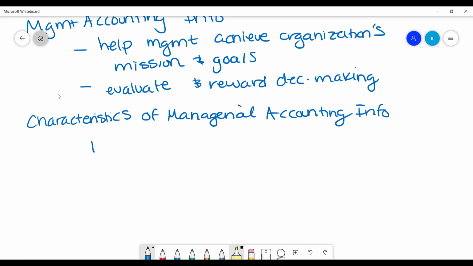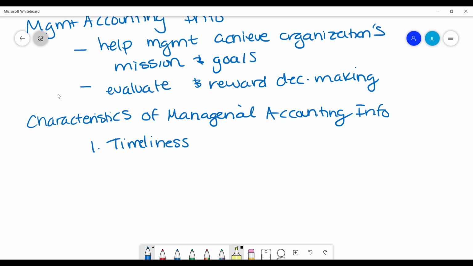Okay, the one thing is timeliness. If I can spell that right, timeliness. Okay, it's important that information is received on time in order for managers and those internal to a business to plan and control their activities, right?